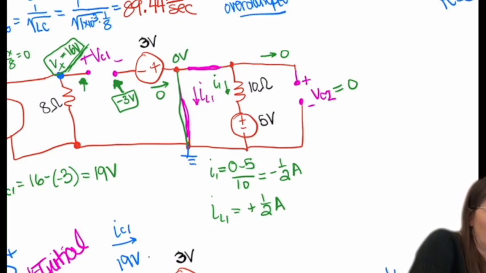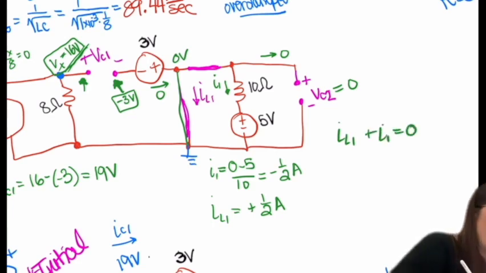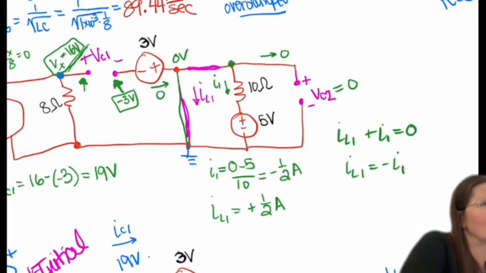So my equation is IL1 plus I1 equals 0, so IL1 is just equal to negative I1. And I1 has 0 up here, so 0 minus 5 over 10 will be how I find that value.